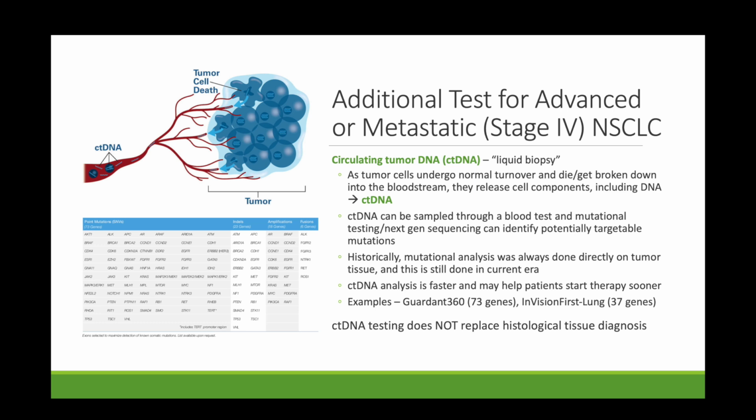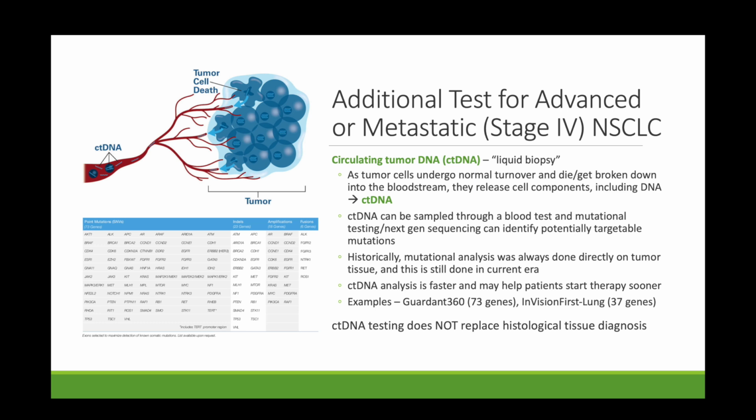A common example of what is used for liquid biopsy is Guardant 360 testing, which tests for 73 different genes. If something targetable is identified via Guardant testing, then we can maybe even more quickly initiate patients on therapy, especially if they have metastatic disease. ctDNA testing, importantly, does not replace a histological tissue diagnosis.